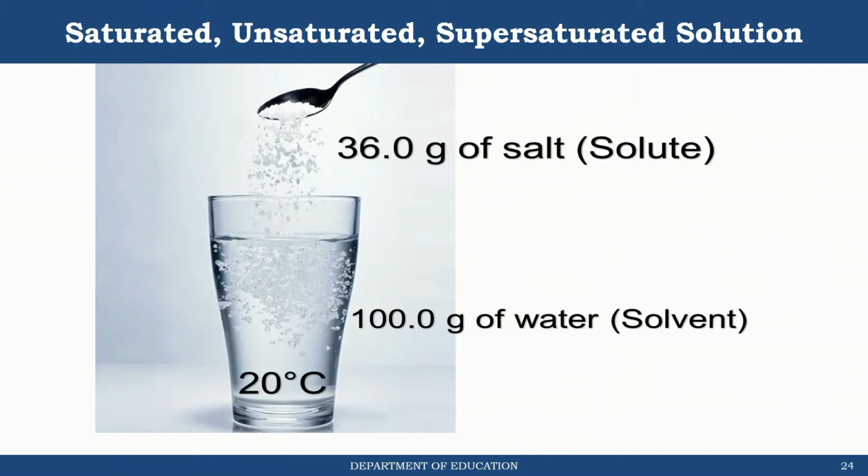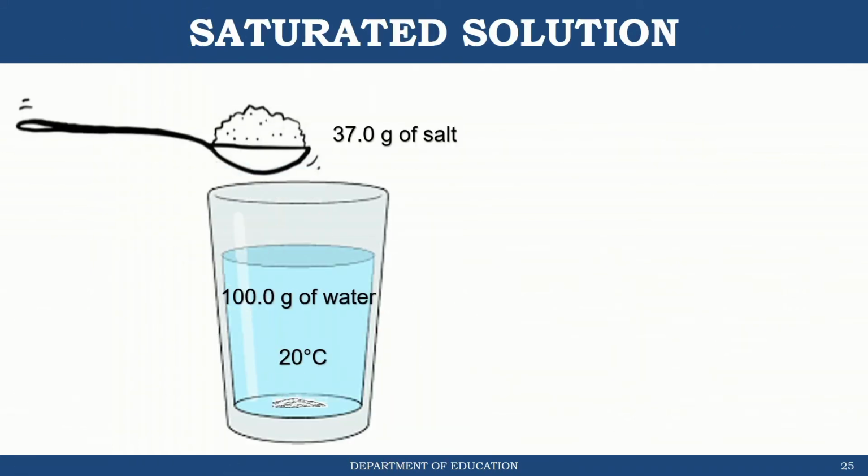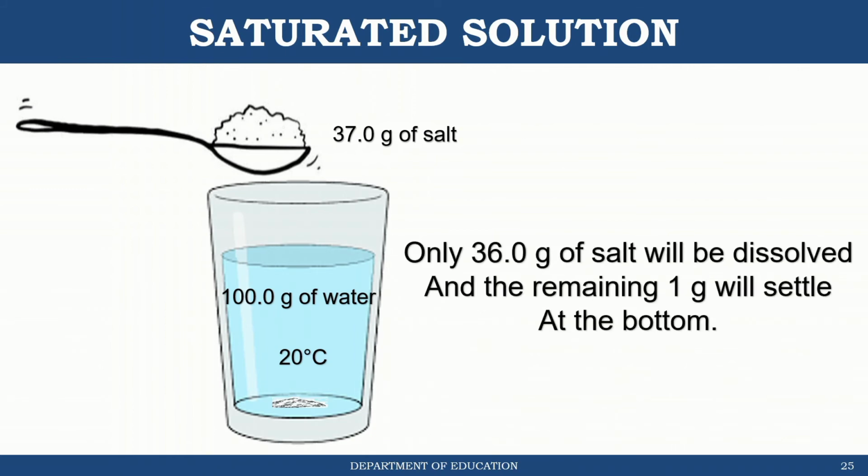Number 2. Saturated, unsaturated, and supersaturated solutions. You have already identified that only 36.0 grams of salt can be dissolved in 100.0 grams of water at 20 degrees Celsius. If you add 37 grams of salt in 100 grams of water at 20 degrees Celsius, only 36 grams of salt will be dissolved and the remaining 1 gram will settle at the bottom.